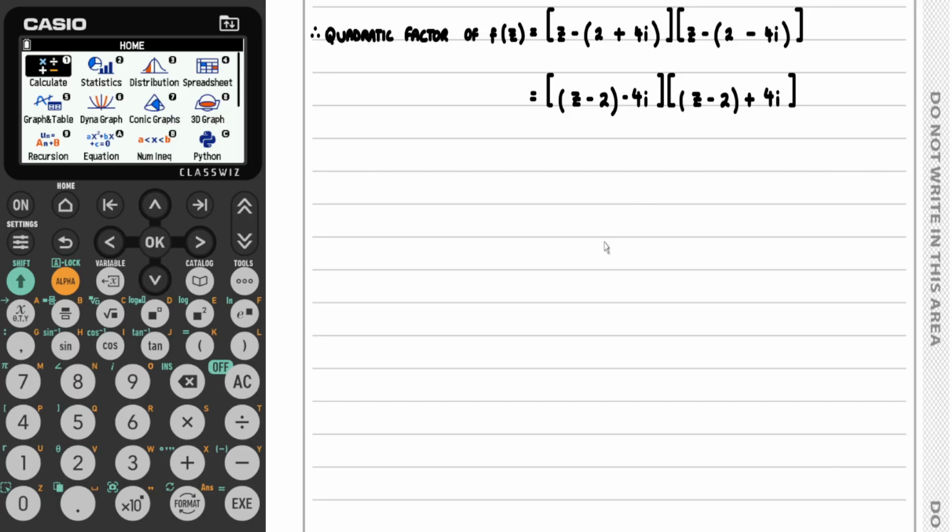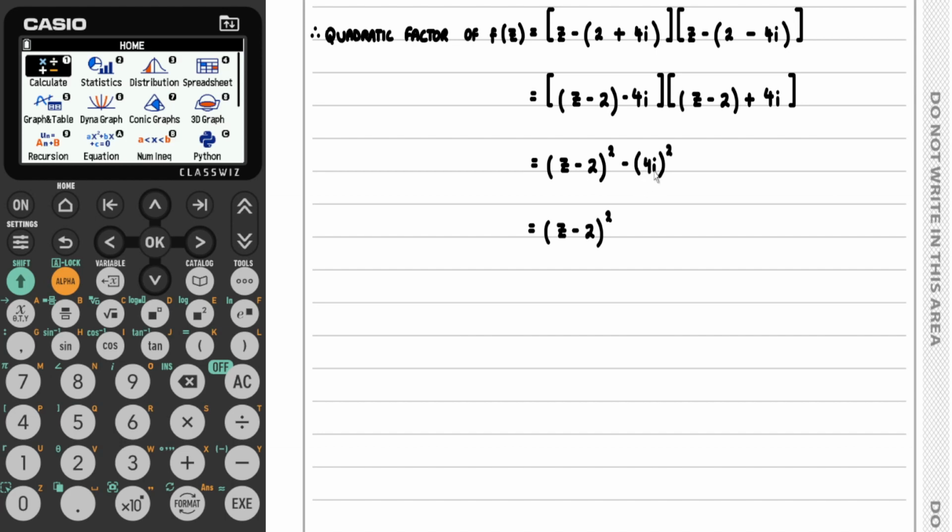And so we can write this as (z subtract 2) squared subtract (4i) squared. Essentially, you can think of this as a difference of two squares. So we've got (z subtract 2) squared, and then here we've got (4i) squared, which is 4 squared times i squared.